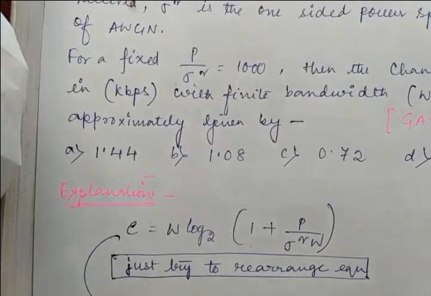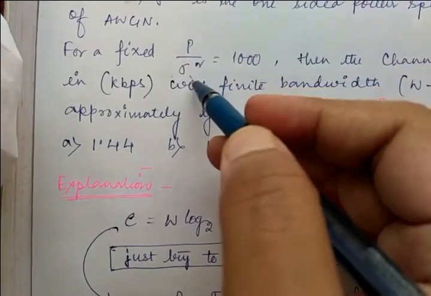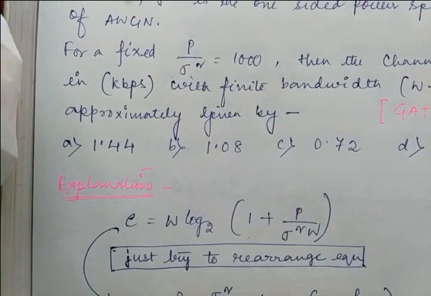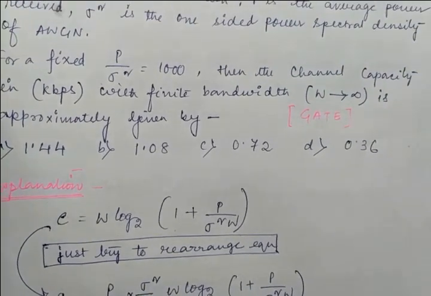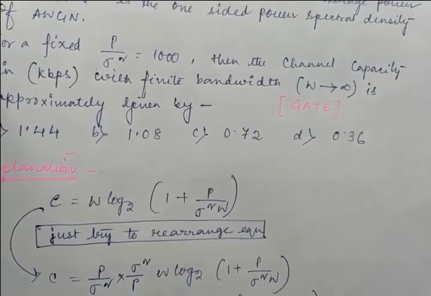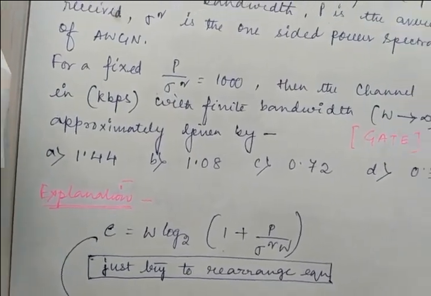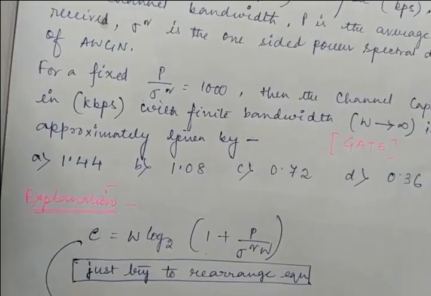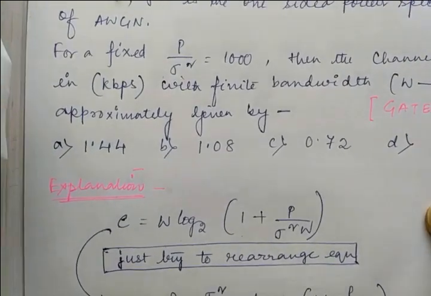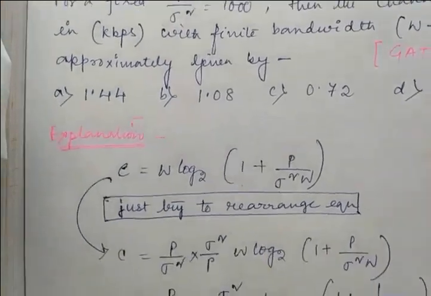It is already given that P by sigma square equals 1000, and you have to calculate the channel capacity when the bandwidth tends to infinity, right? You have to calculate C.